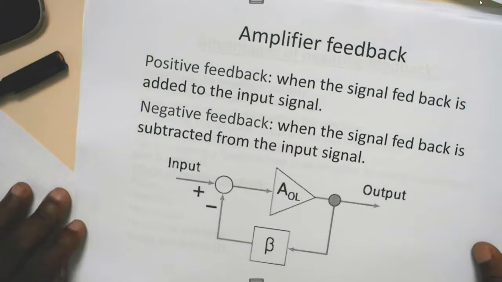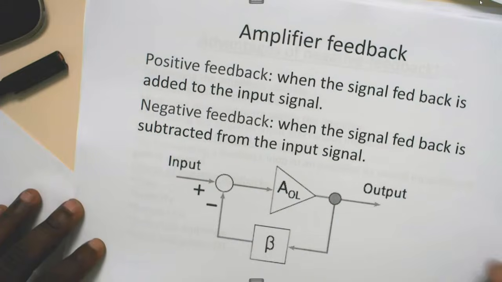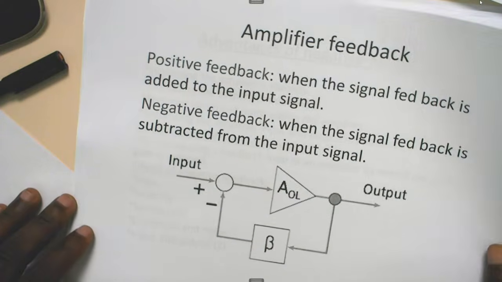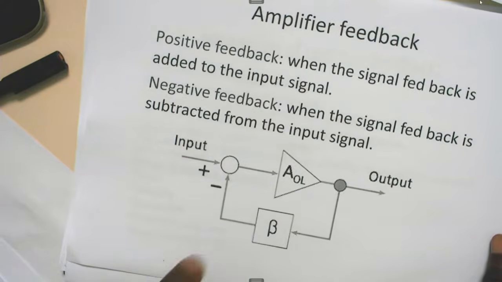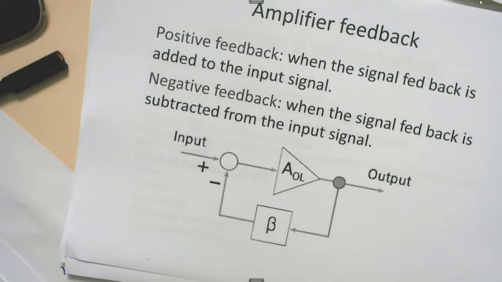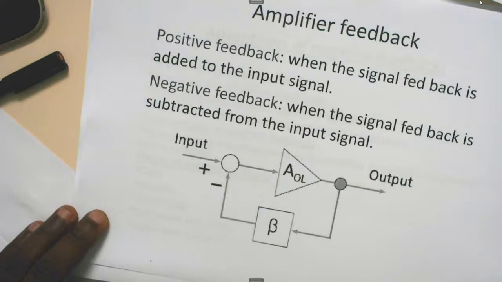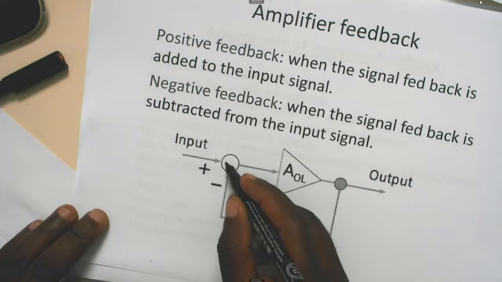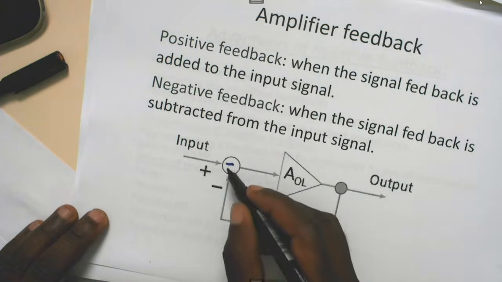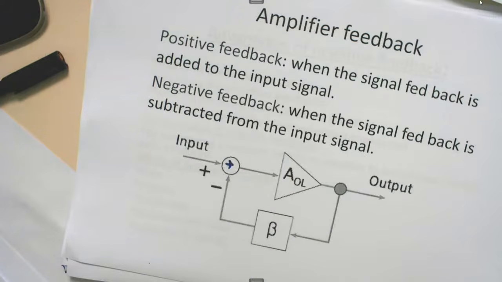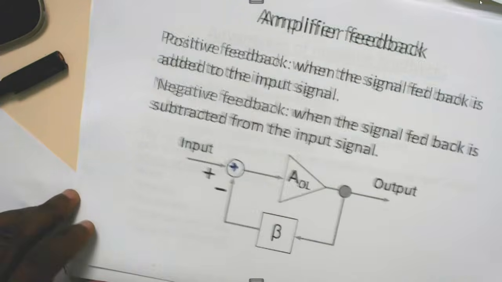This is the circuit of a feedback amplifier. Normally in grade 11, when we were drawing this circuit, whenever it was negative feedback, we would put a negative sign in here, but when it was positive feedback, we would indicate it with a plus sign. With this here, we don't necessarily have to indicate whether it's positive or negative.